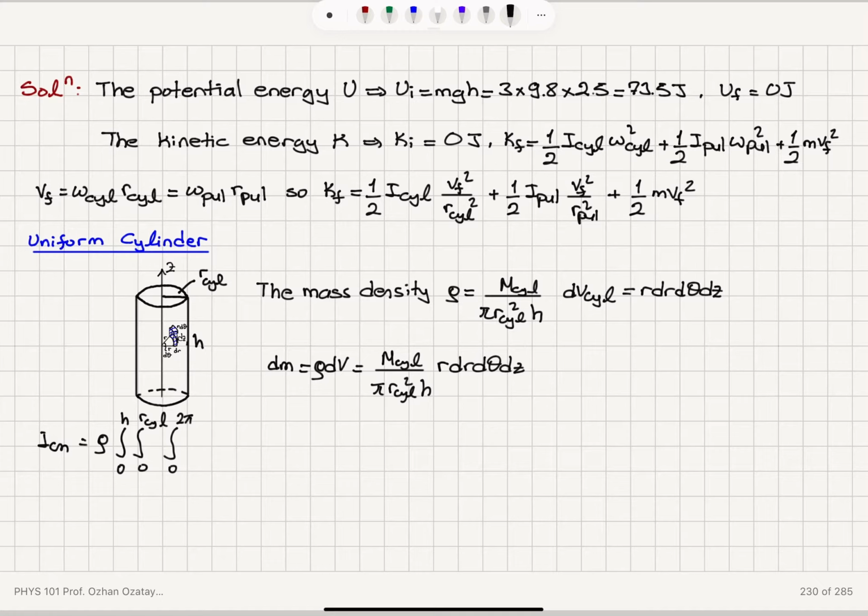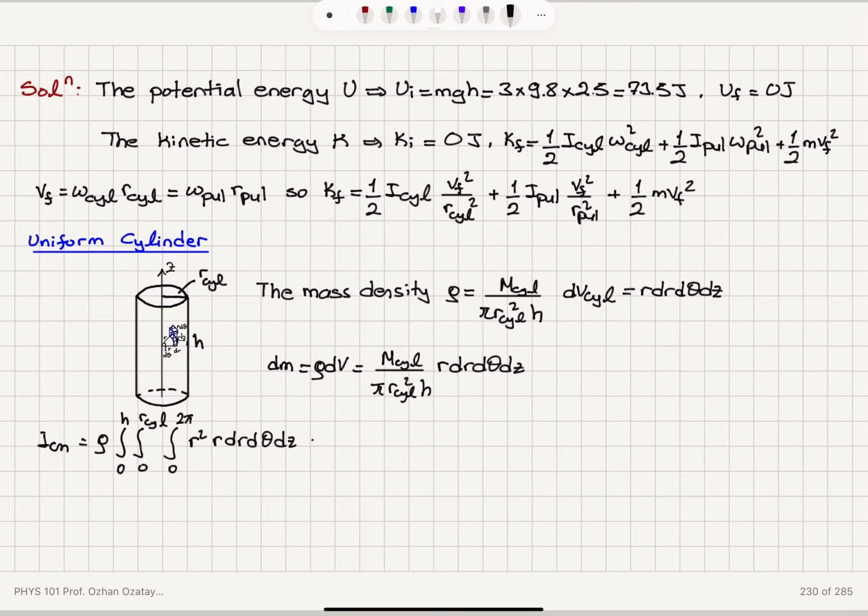So we have r squared times r dr d theta dz. As you can see, I have taken rho, M over pi r squared h, outside of the integral.